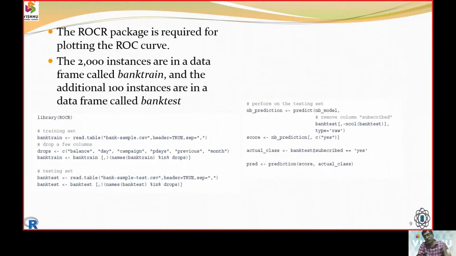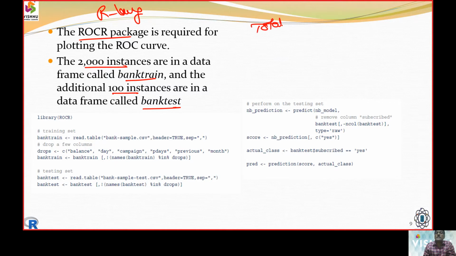Fine. Up to now, we have talked about the theoretical aspect of the confusion matrix and the receiver operating curve, the ROC curve. Now let us put these things into practice using the R language. We have the ROCR package. Assume there are 2000 instances in the training set and 100 in the testing set.